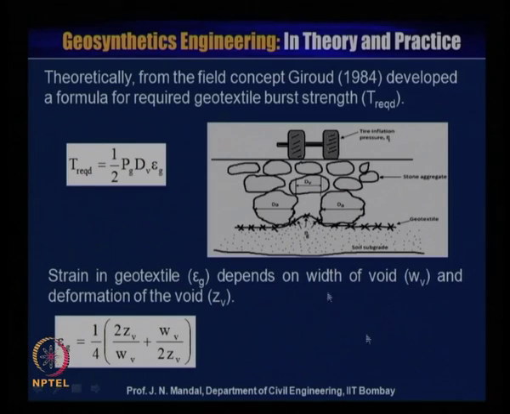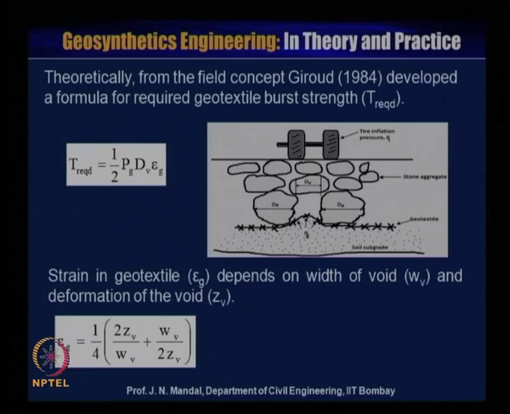Now, some theory from the field concept. In 1984, a formula was developed for the required geotextile burst strength, that is T required is equal to half into Pg into dV into epsilon g. So, you can see here this is the Pg and this is the d, and there will be the strain in the geotextile depending on the width of the void, that is Wb, and the deformation of the void, Zb.